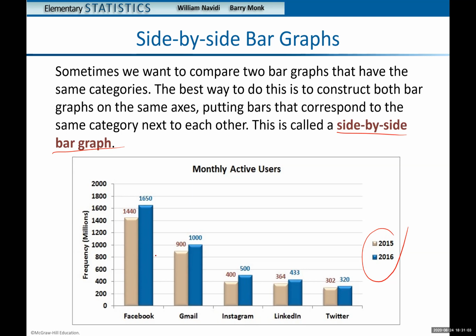Side-by-side bar graphs are most commonly used if you compare male and female. A lot of those use side-by-side bar graphs. Based on this data, the most commonly used, I think this is for social media, at that time is Facebook.